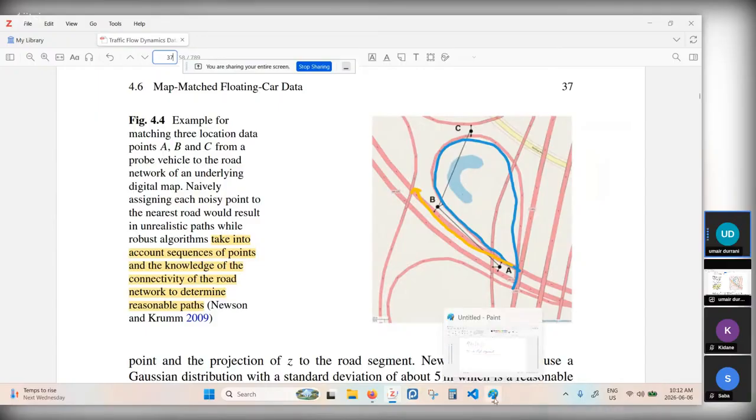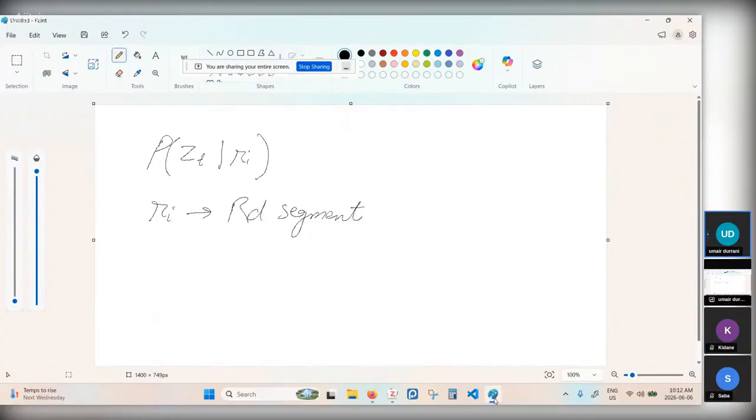So we want to know which one the vehicle actually took, R1 or R2. And z of t can be represented using xi, yi, because these are the geographic coordinates that we are getting from the floating car data.